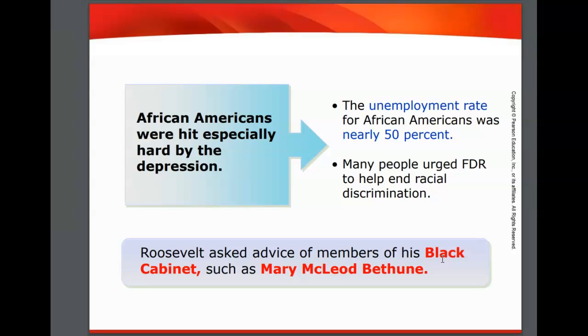She was a noted member of the black cabinet, and she was the founder of what would come to be known as the Bethune-Cookman College, which of course is still around today. And she was a very powerful champion of not just women's rights, but racial equality in general.